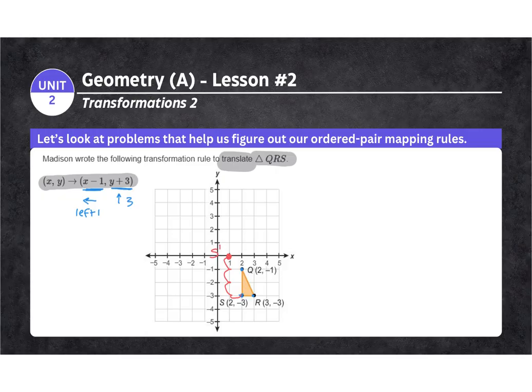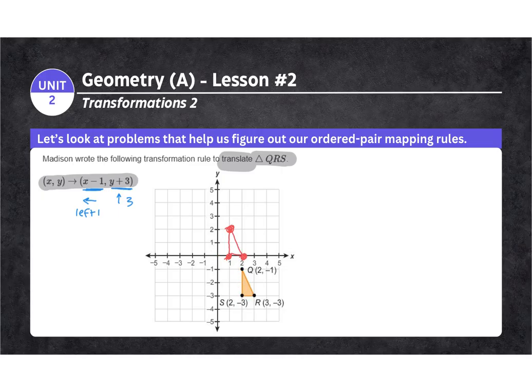And we're going to do that for each of our points. So we're going to move Q over to the left one, up 3, and R over 1, up 3.